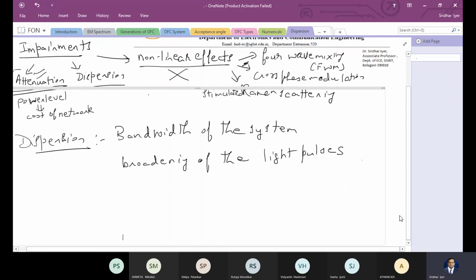It is one of the critical factors, I would say, or a key factor that is going to limit your signal transmission quality. Okay, or in terms of networking, it is known as quality of service. So the quality of service, which is in short QoS, is defined or is dependent on the dispersion.